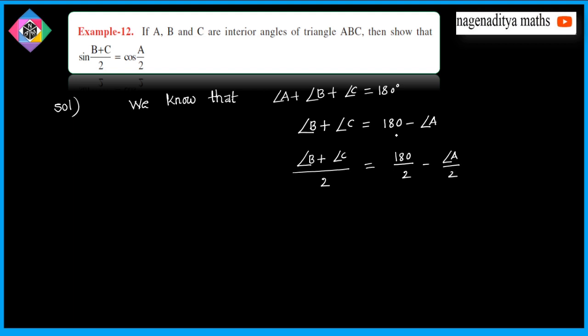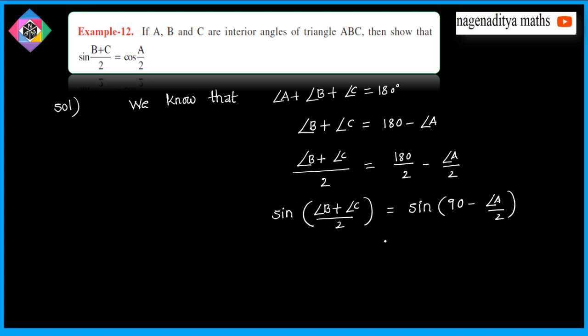Because 2 divides both terms here, but in the problem it is (B plus C) whole by 2, that is why I leave it like this. So now I am taking sine ratios on both sides. So sine of (angle B plus angle C) over 2 is equal to sine of, so what about 180 by 2? That is nothing but 90 degrees. So that is sine of 90 minus angle A by 2.